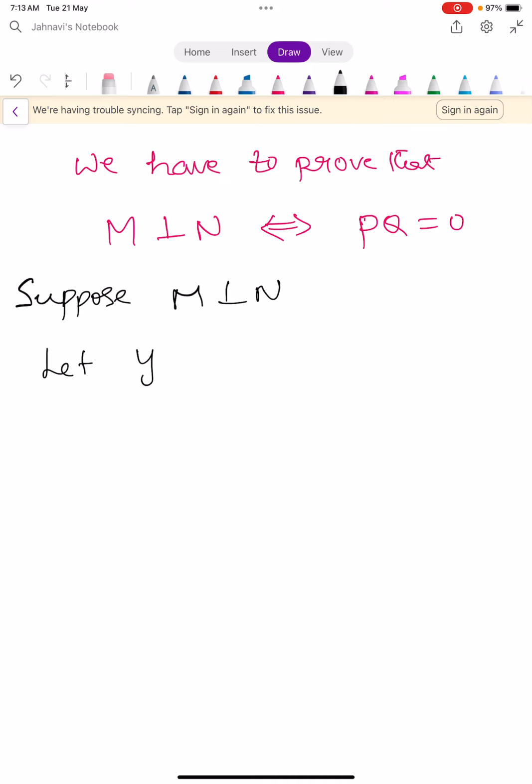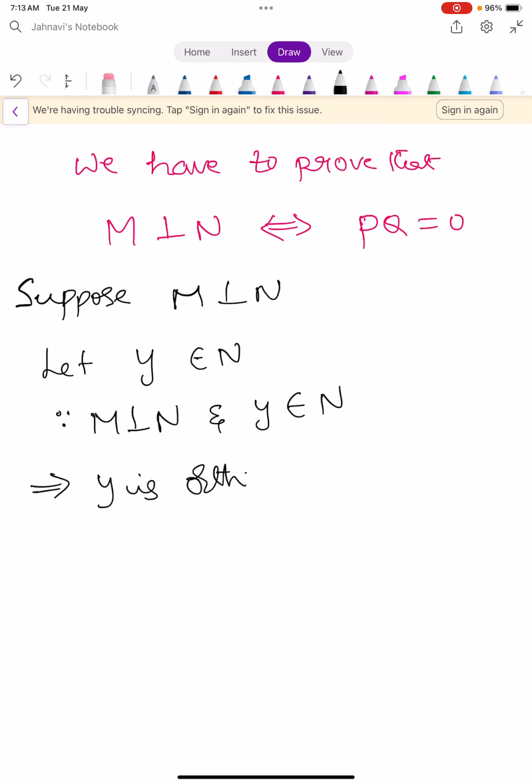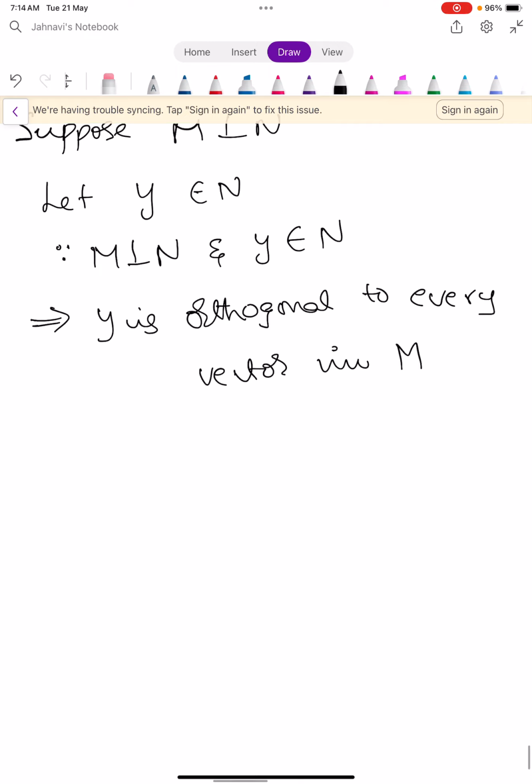Let Y be any vector in N. Since M is perpendicular to N and Y belongs to N, Y is an arbitrary vector in N. It means Y is orthogonal to every vector in capital M. If Y is orthogonal to every vector in capital M, then Y belongs to M perpendicular.